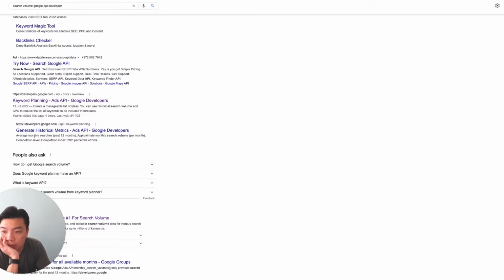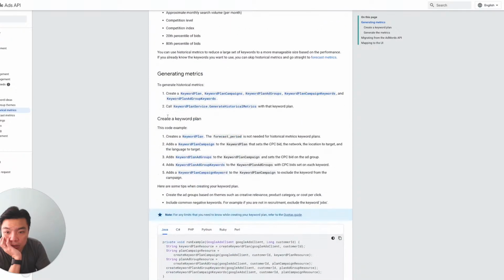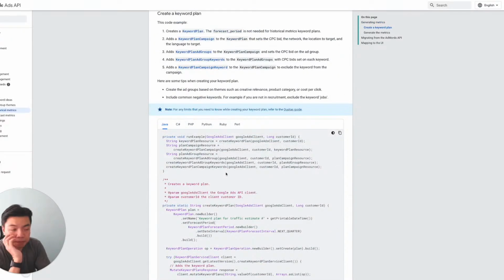Oh, here. Historical metrics, generate search metrics, it's all in here. So this is exactly where we get all our keyword data. It's directly from the source. We don't get it from anywhere else. We don't try to do it ourselves. There's no server from outside. We pull directly from the Google database, including Google Suggest and everything. That should ensure the integrity of the data you search for.